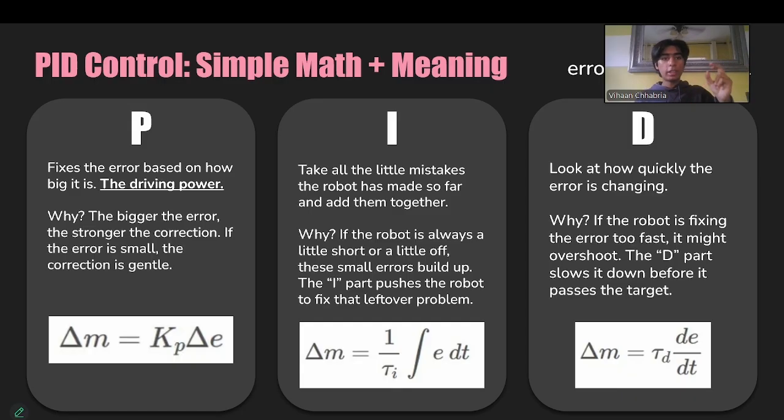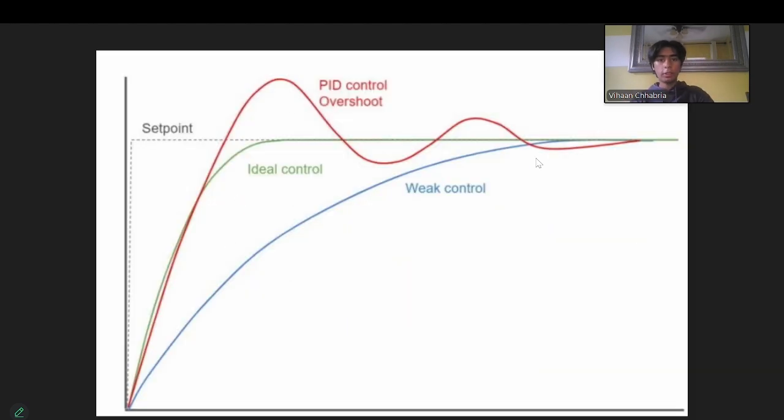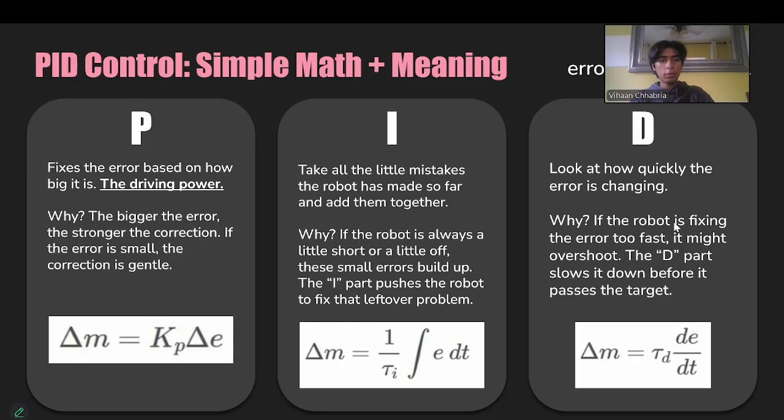There's always that bit of error that you're not able to get rid of, because if you increase the P too high, it'll start to oscillate on the graph because it'll be overshooting again and again. And the D, the derivative, would not help, because all it would do is slow it down even more before you get to it.